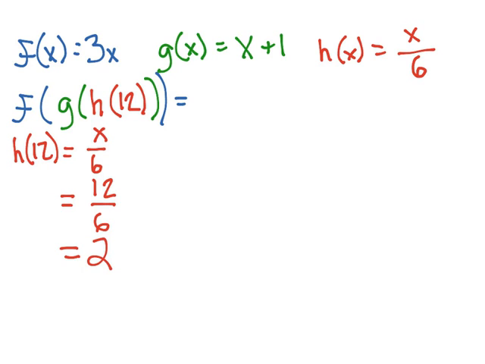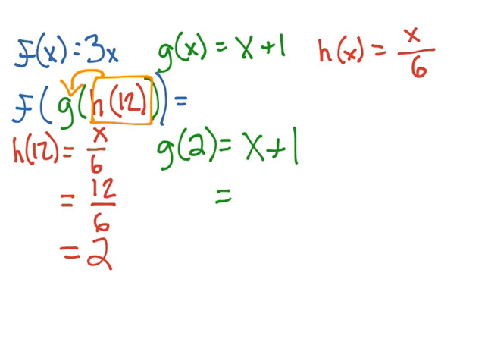We'll then take this value for h of 12 and plug it into g. So, we evaluate g of 2. It must be equal to x plus 1. We replace the x with 2 to get 2 plus 1, which is 3. We'll then take this value for g and plug it into f.